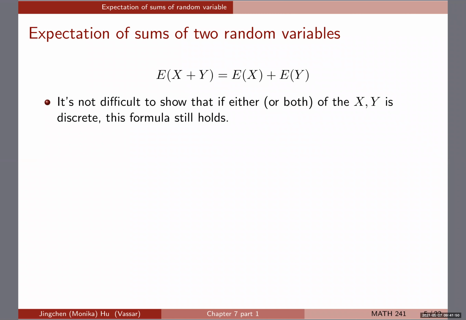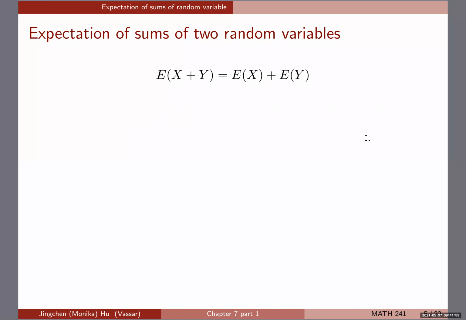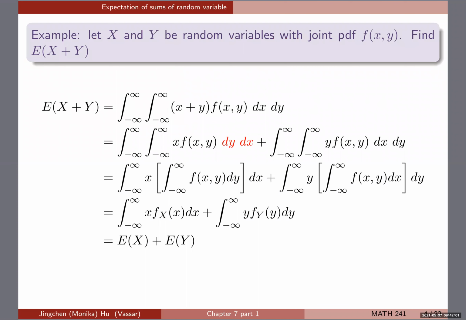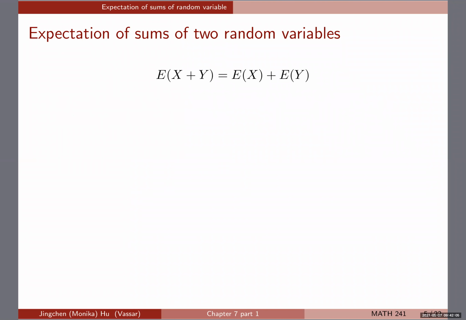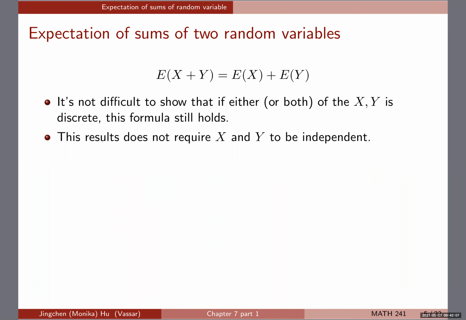Another thing is this result does not require x and y to be independent. If you come back to the proof we showed earlier, nowhere do we assume anything about independence. So you can always apply this result.